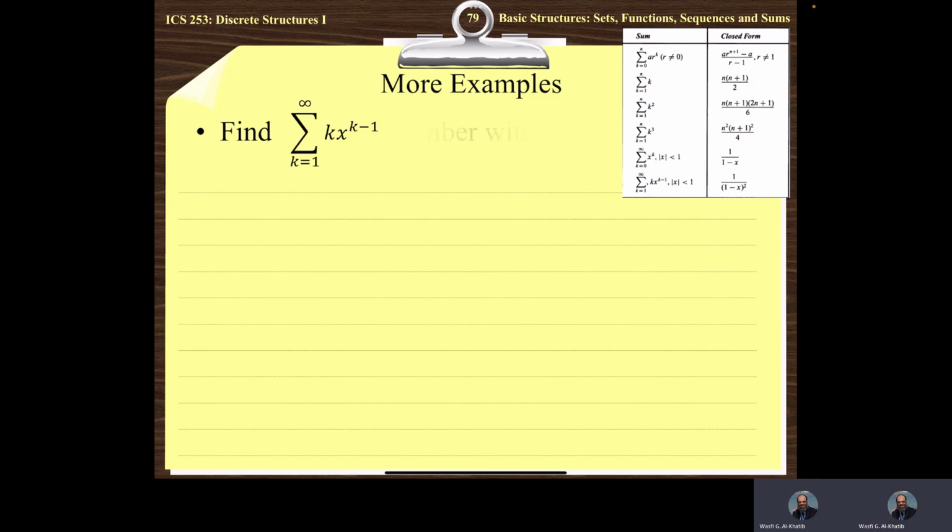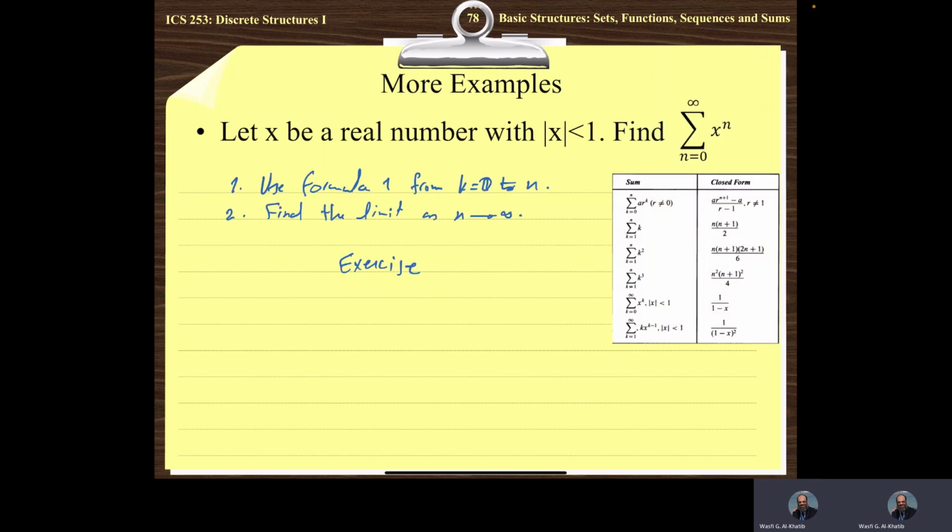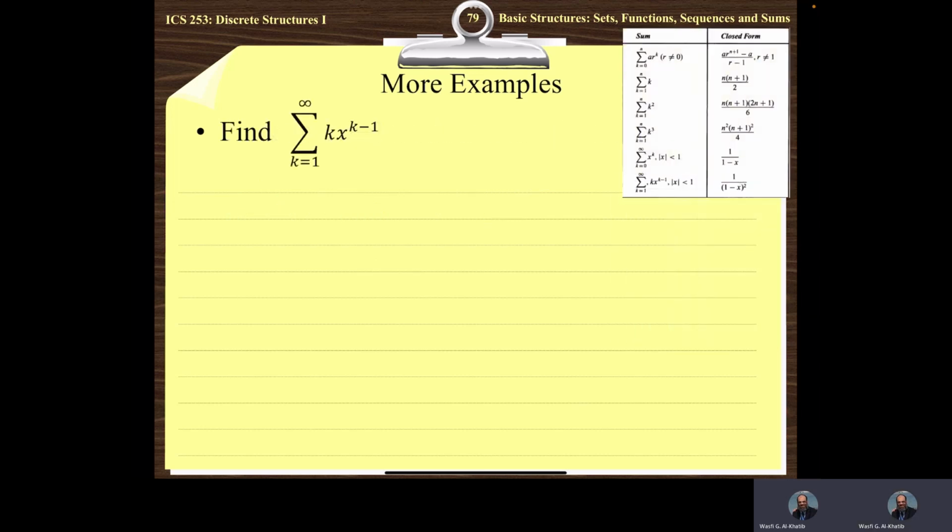So in order to find this, you just need to find the derivative of the value of the summation. Of course, the value of the summation is 1 over 1 minus x. So basically take the derivative of sigma x to the power n from n equals 0 to infinity, which is equal to 1 over 1 minus x.